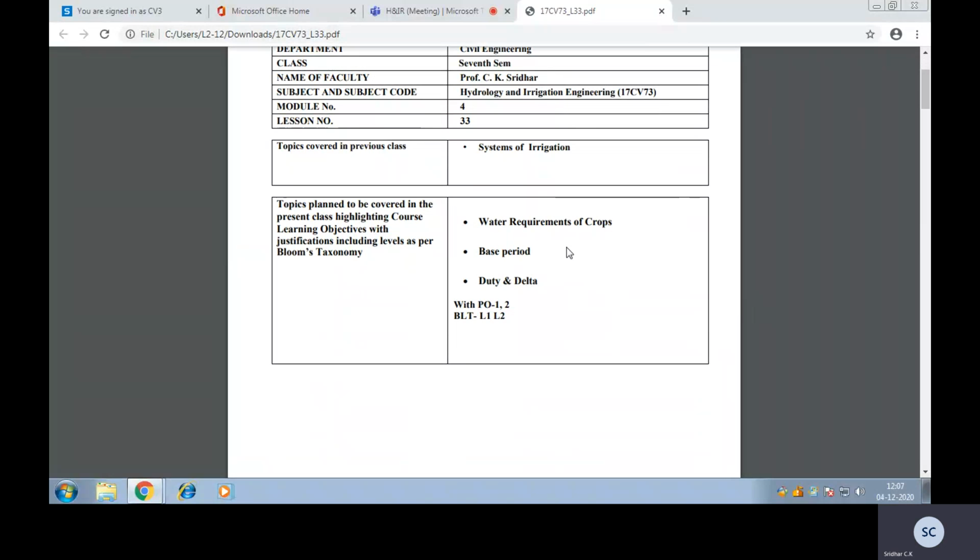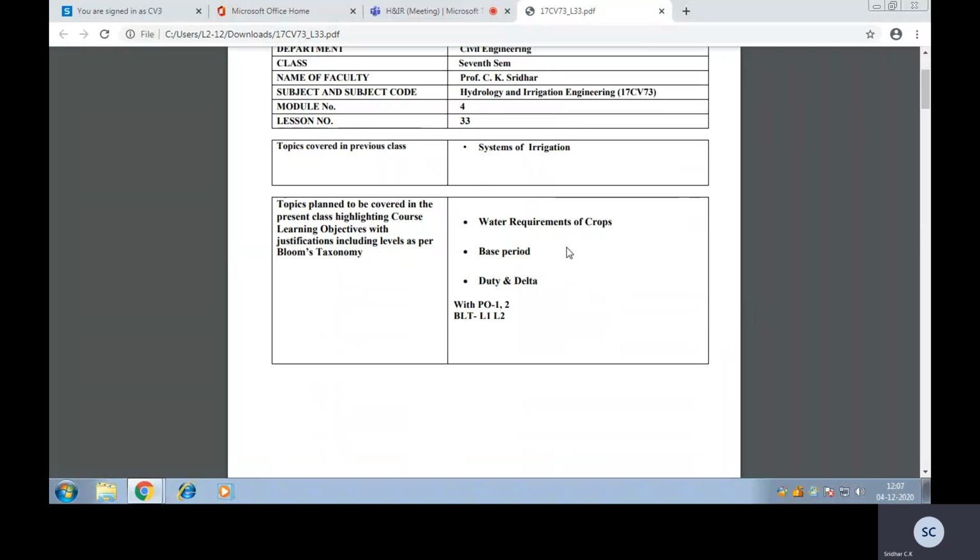Now coming to the meaning of delta of the crop. Delta is the total water for a fixed period and time throughout the growth of the crop. It is expressed as the total depth of water which is very much required for the development of the crop.